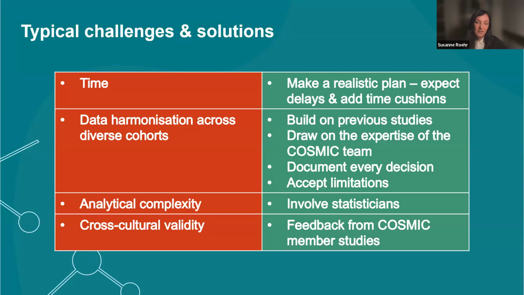And if anything is far outside of your comfort zone, see if you can draw on the expertise of, let's say, the COSMIC team as well. Document every decision and just accept that there are limitations. Choose a pragmatic approach that is justifiable and discuss limitations.